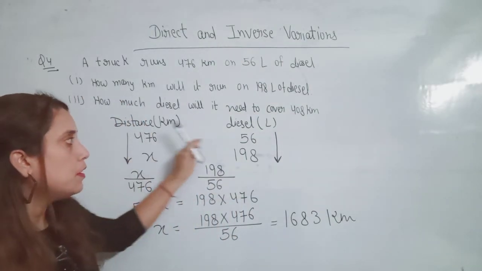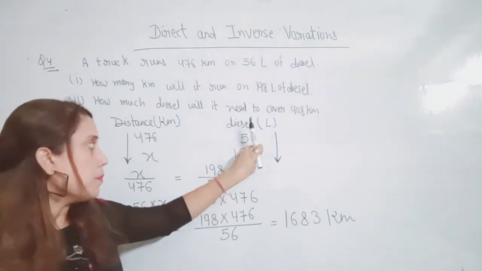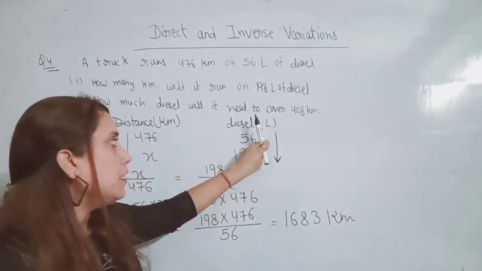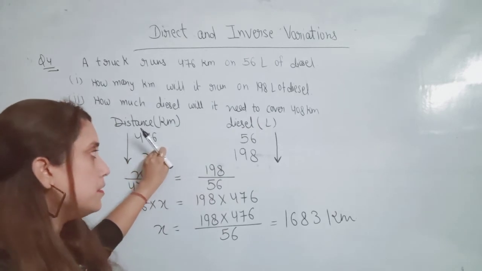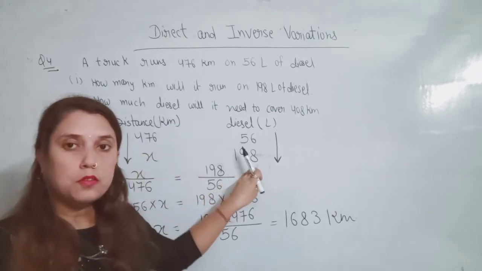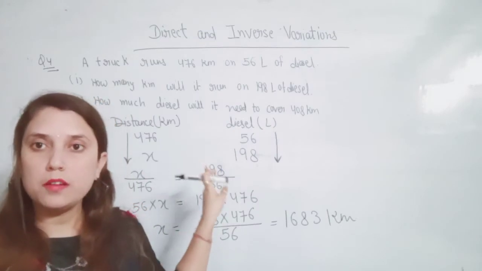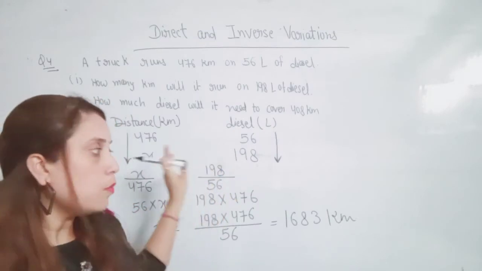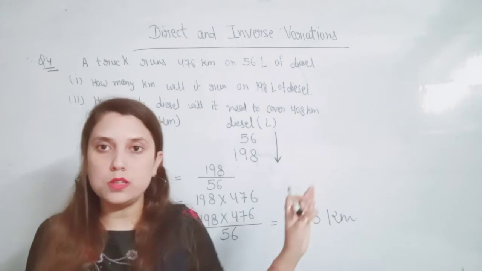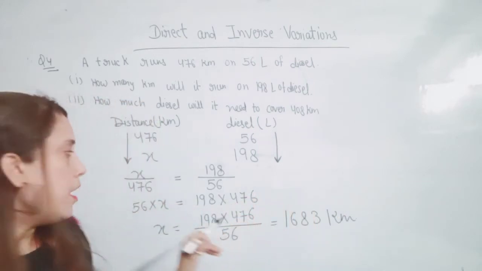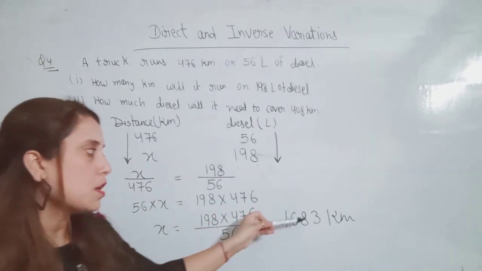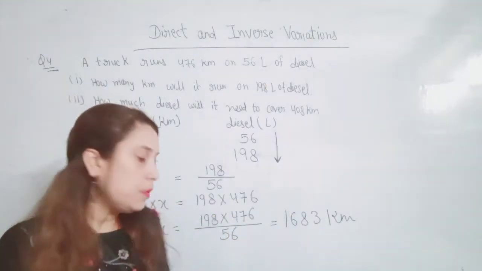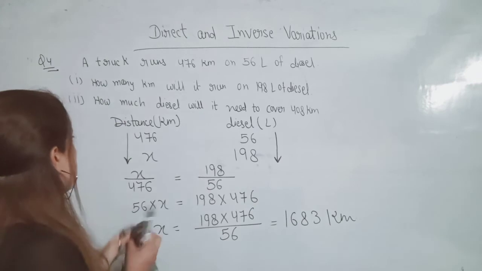In 56 liters it covers 476 kilometers. If diesel is increased, then distance will also be increased. Both quantities increase, so this is direct variation, and after that we solve it, and the answer is 1683 kilometers.